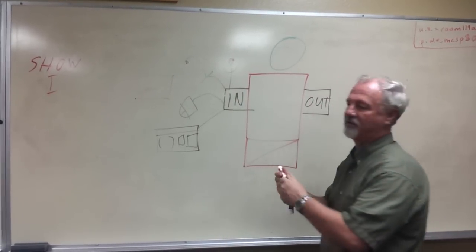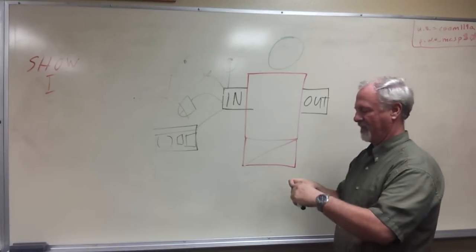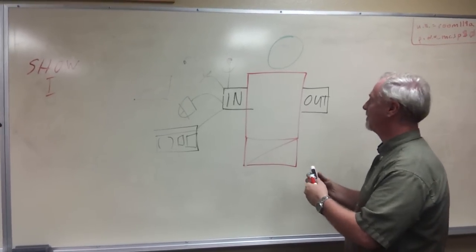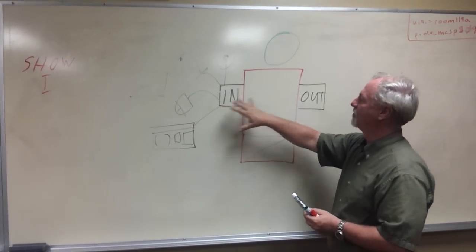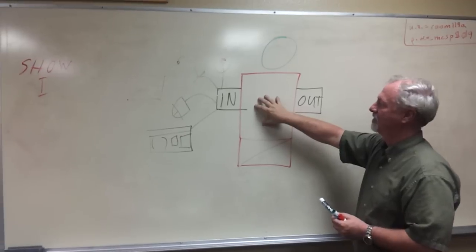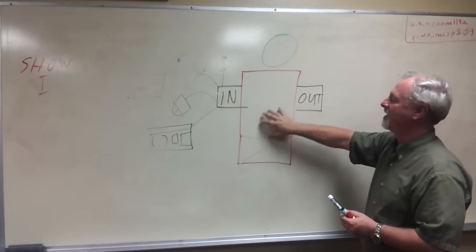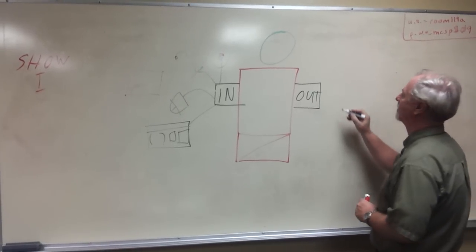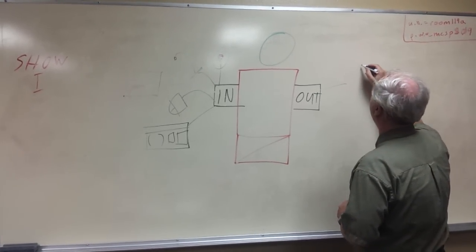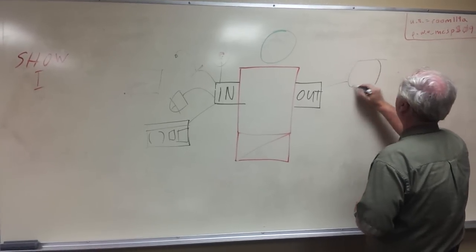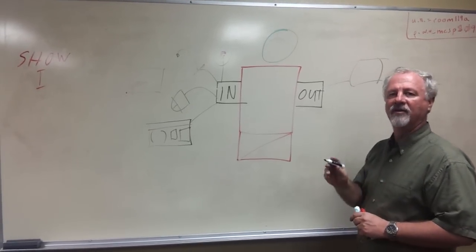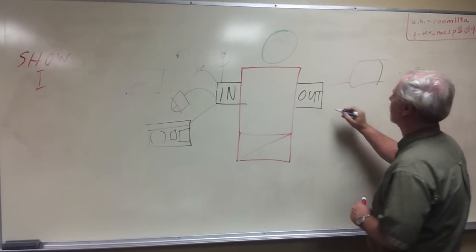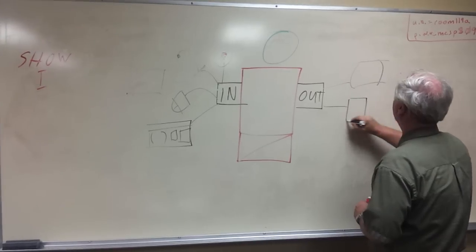These input devices get stuff into the computer, usually manipulated in the computer, and then it's outputted through other devices. An example of an output device might be the screen that you're looking at right now. That's your monitor. Another output device would be the printer.